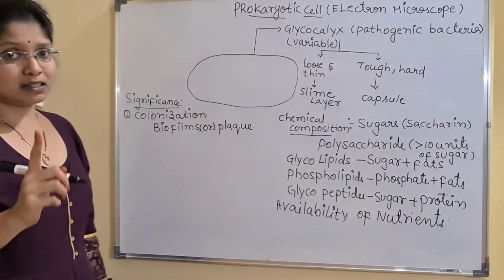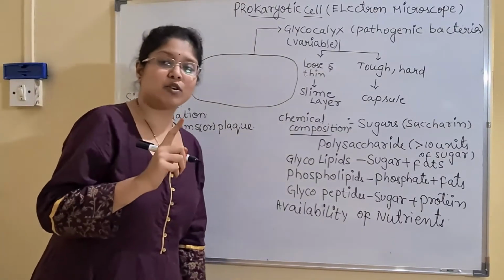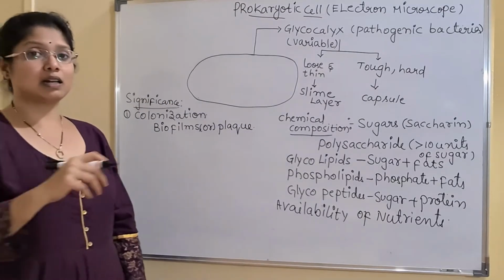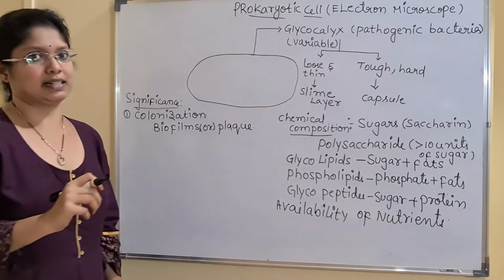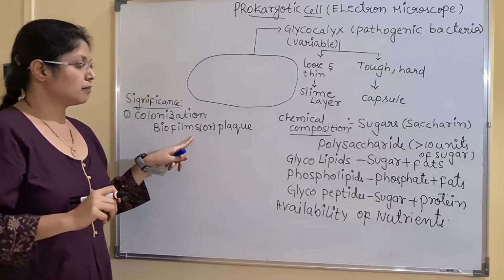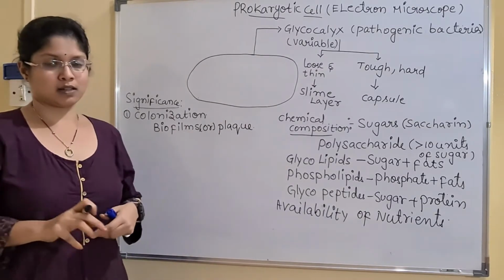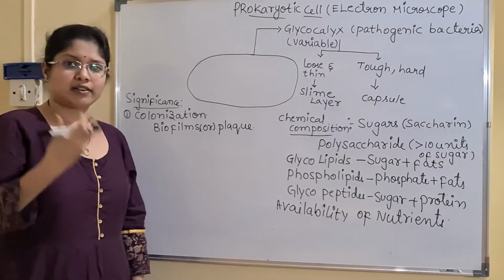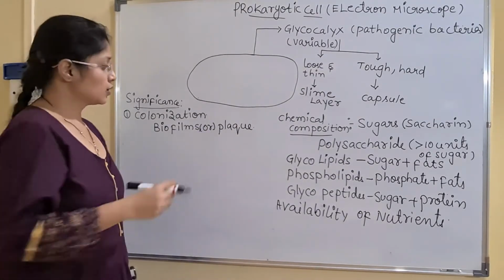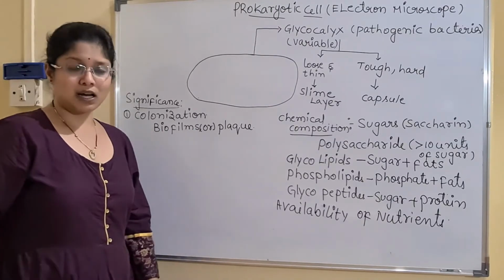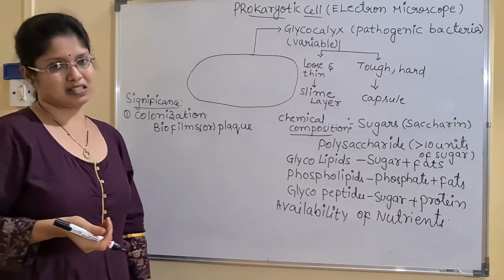Colonization will result in a mass or team of cells that come together with the help of attachment of glycocalyx of each bacterial cell, thus forming biofilms or plaques. They become hard and rigid, almost impossible to kill, right? So when they form biofilms or plaques, we cannot kill them easily.